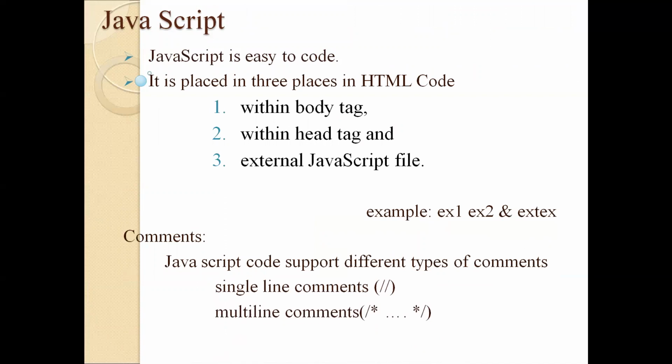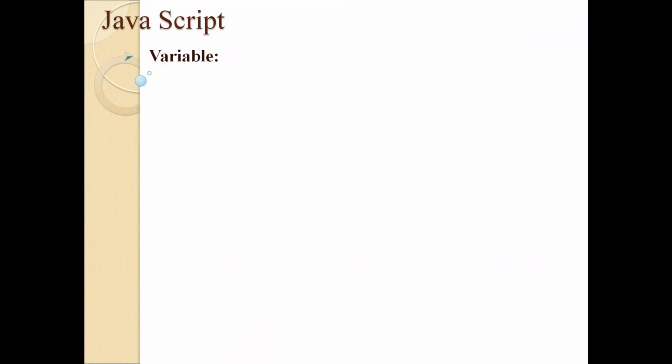In the previous session, we stopped after seeing examples for script tag in body, script tag in head, and script tag in an external JS file, that is JavaScript file. And in today's session, we mainly concentrate on variables, right?